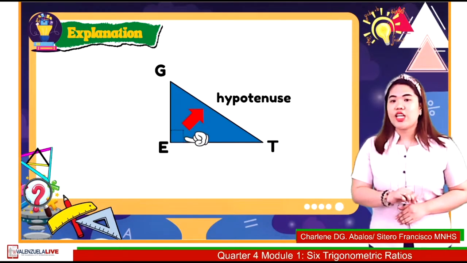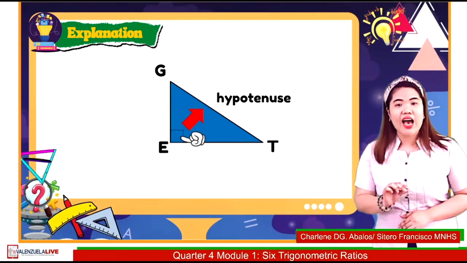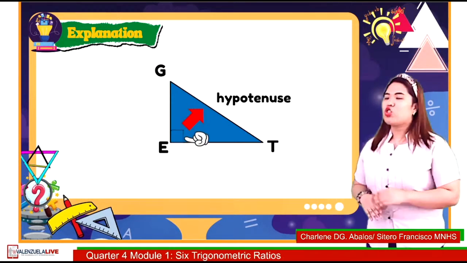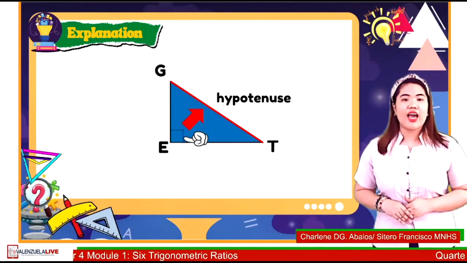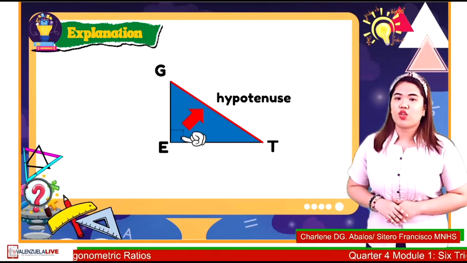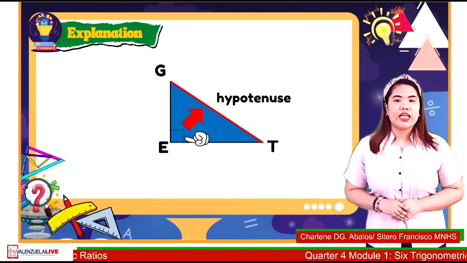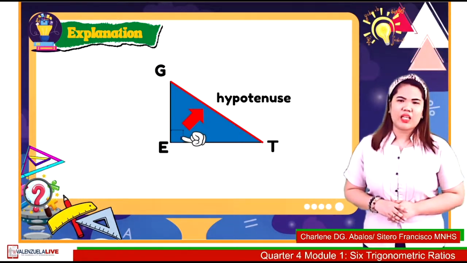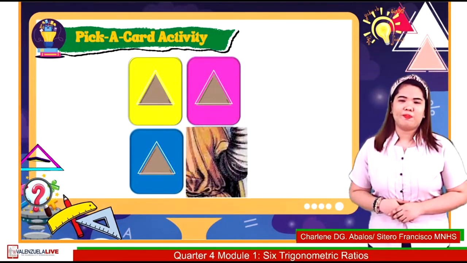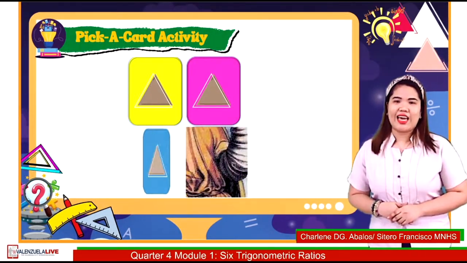And this is considered as the longest side of a triangle. With this, segment GT is the side opposite to it, and it is considered as the hypotenuse of triangle GET. We are nearly completing the whole picture. Okay?